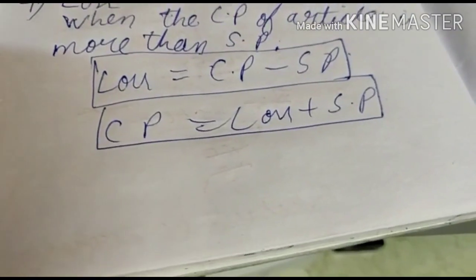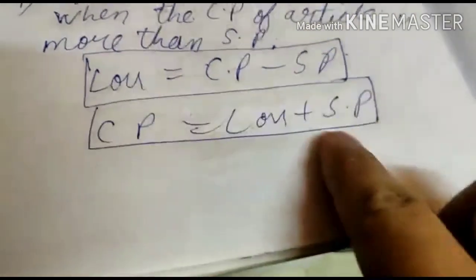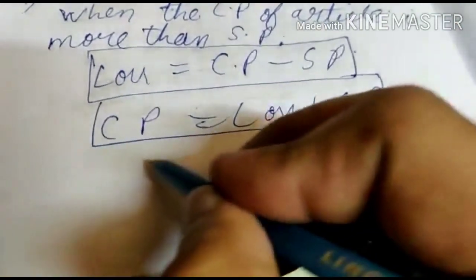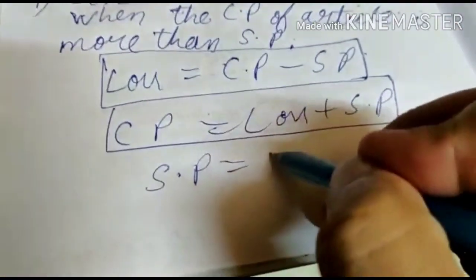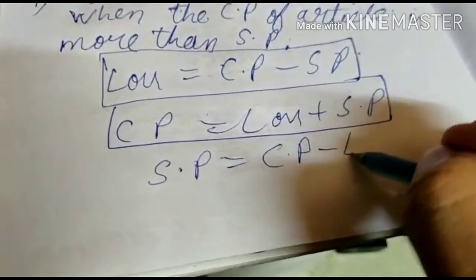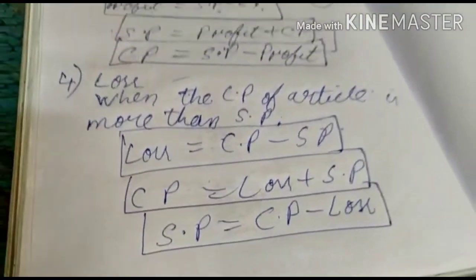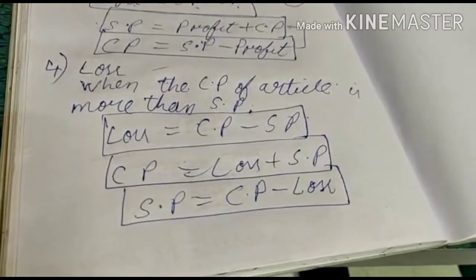Or keeping the SP here itself and taking loss to this side, we get SP equals CP minus loss. These are a few basic things of the chapter, basic terminologies.